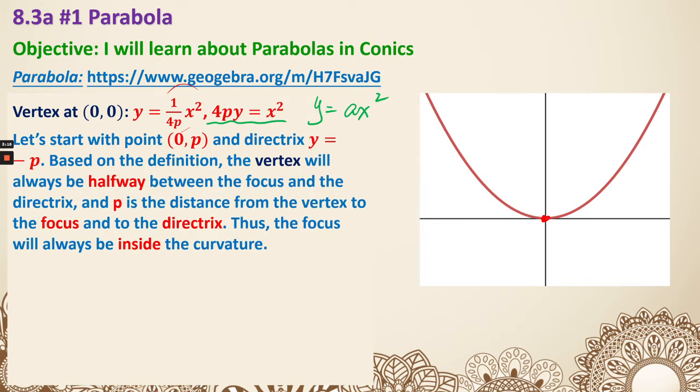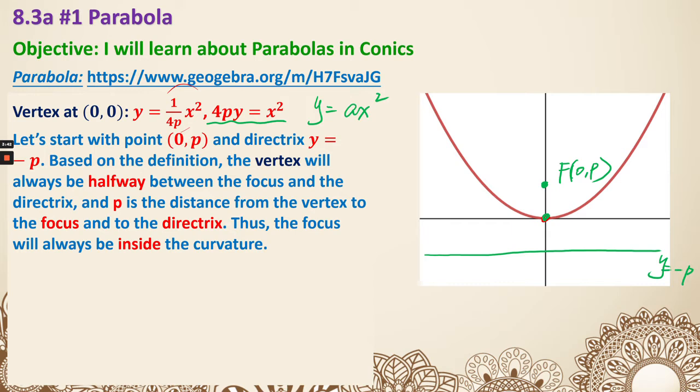So let's start with the point (0, p). Since we have a fixed point and a fixed line, we have to start with them. So let's say this is our fixed point (0, p), which is the focus. I'm just going to use the letter F. And of course, we have this line y equals negative p. Based on the definition, the vertex will always be halfway between the focus and the directrix.